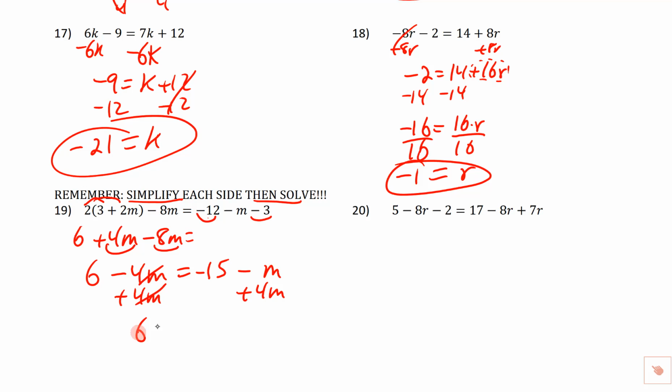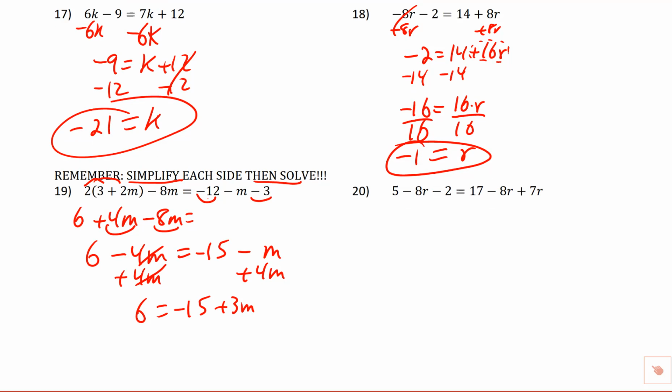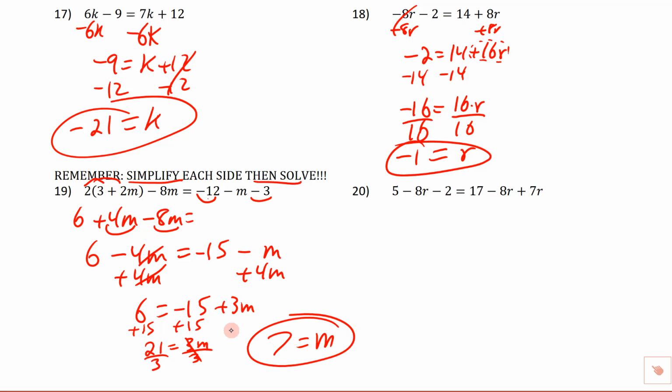Those are going to cancel. We get 6 equals negative 15 plus 3m. And then let's see, we've got to isolate this variable term right here, so we're going to add 15. Add 15, we get 21 equals 3m, and then the last thing we do is we get rid of that multiplying by 3 by dividing by 3. So I get m on this side and I get a 7 on that side, and there's our answer.